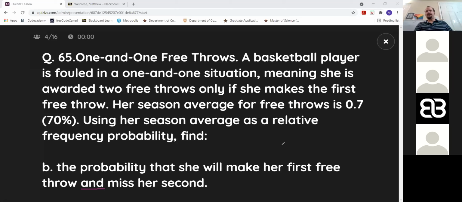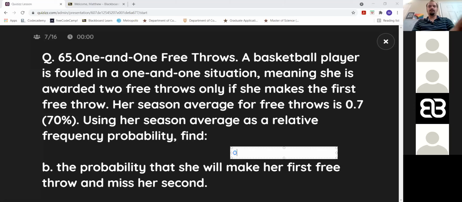If she makes her first free throw is what, 0.7? Probability she misses her second is what, 0.3? So how do I find both of these occurring at the same time?